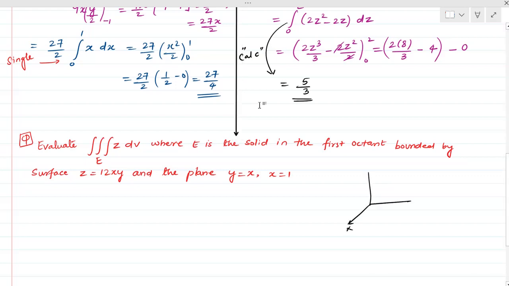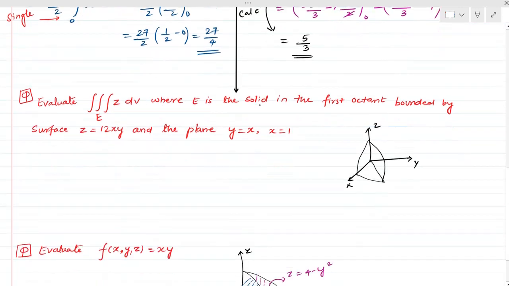This is the line y equals x, and this is the region we have.